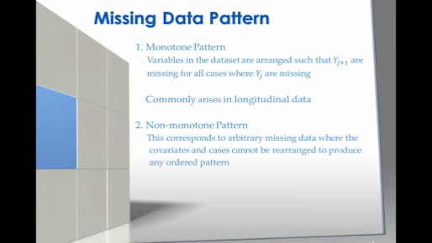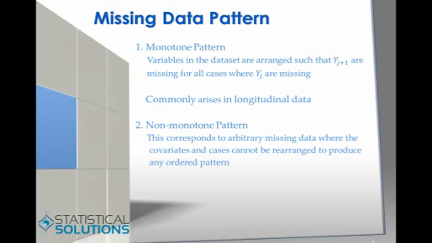So the first thing you have to do when looking at missing data is observe the pattern of missing data in your data set or your database. There are two distinct types of patterns: a monotone pattern and a non-monotone pattern.